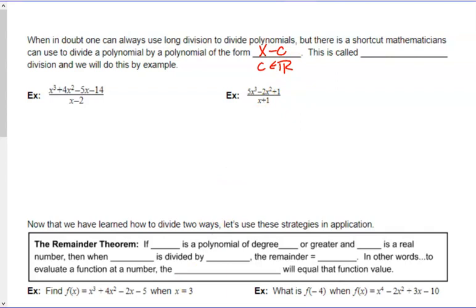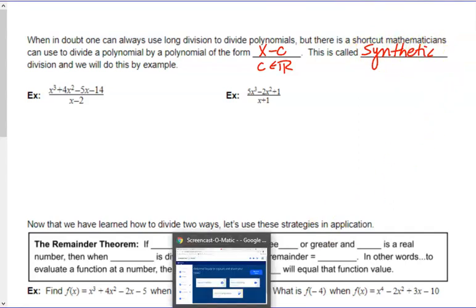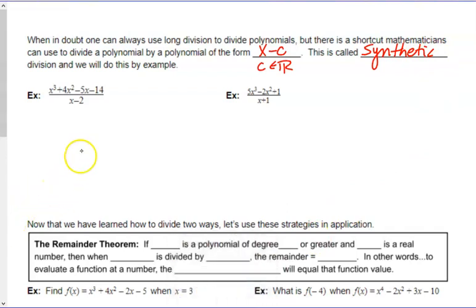And so this is what we are going to refer to as synthetic division, okay? And we're going to do this by example. Now, what we have to do is out front, we have to put our c values. So down here, this is what I'm dividing by. So that x minus c is in the divisor.